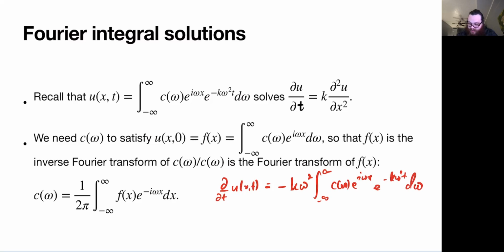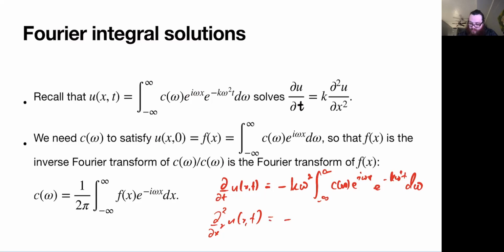Okay, likewise, if you take the second spatial derivative, where is that going to affect? This doesn't depend on x, this doesn't depend on x, this depends on x. So if you take two of those spatial derivatives, you're going to get d squared u dx squared of u of x, t. So two derivatives here, this i omega is going to come down twice.